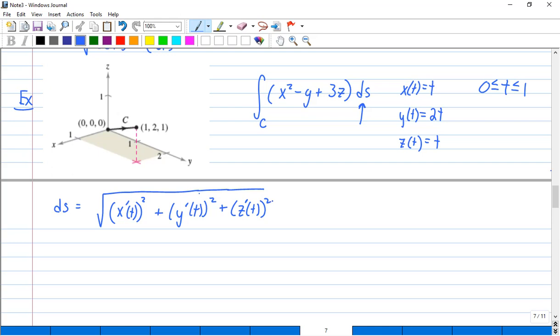You can write dx dt, x prime of t, same thing. So what are our derivatives? x prime of t is 1. y prime of t is 2. z prime of t is 1.